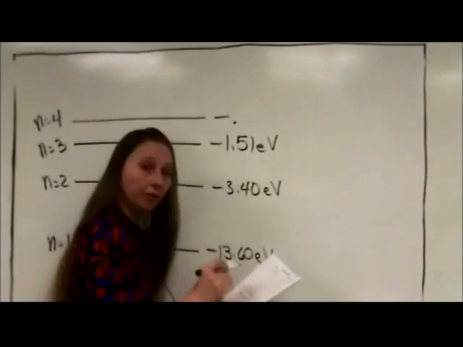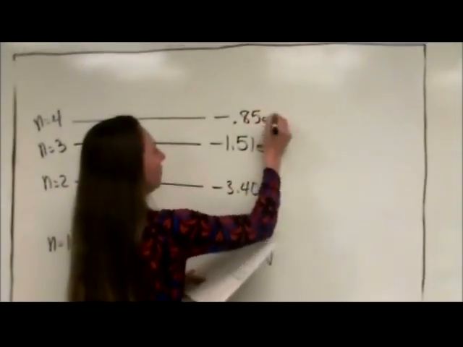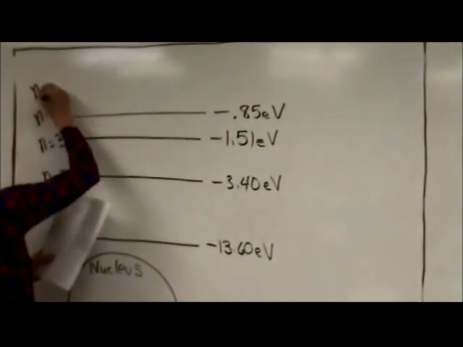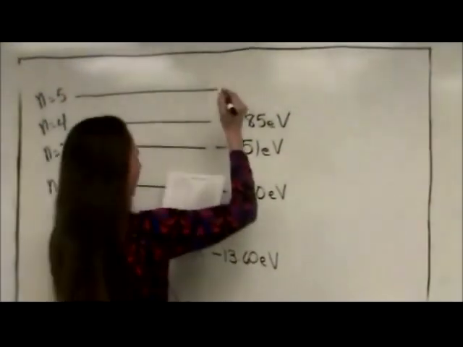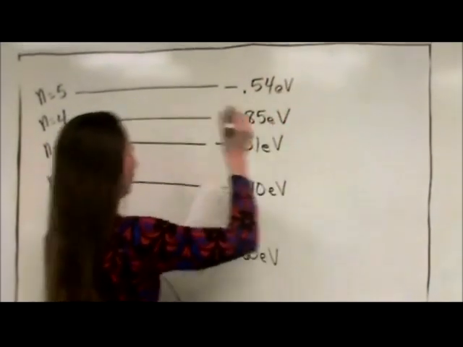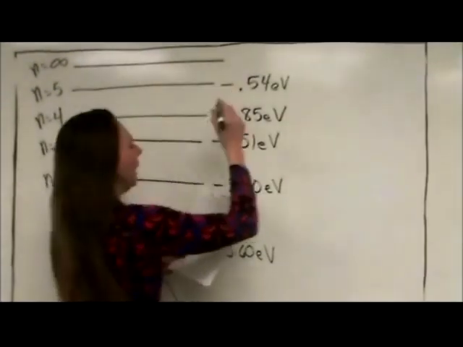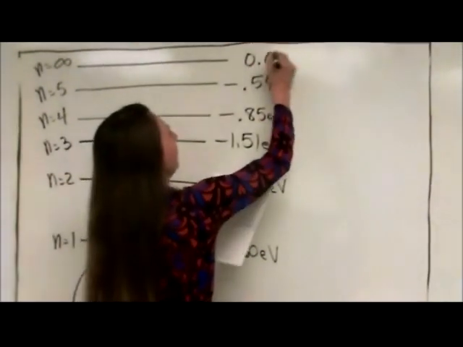You have to be very, very careful when you read this chart. 0.85, all right, and n equals 5 would be negative 0.54. Now, I'm also going to put n equals infinity, and that would be 0.